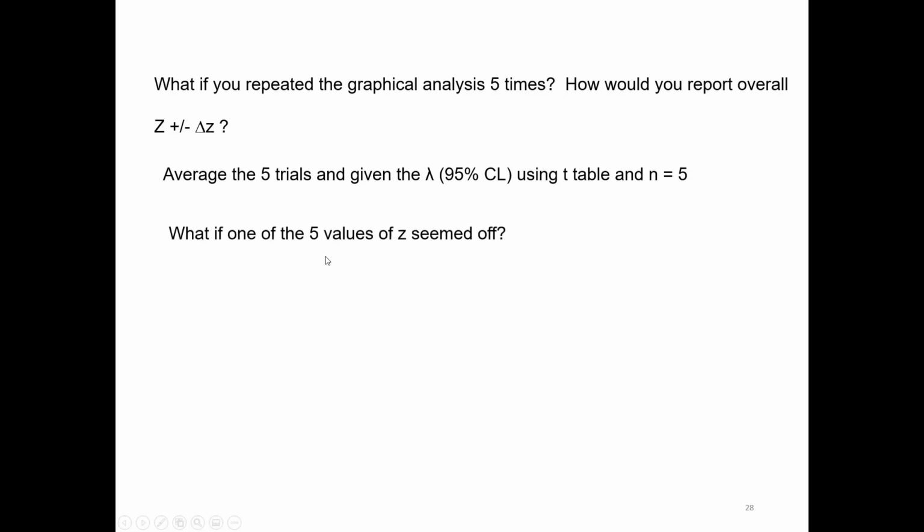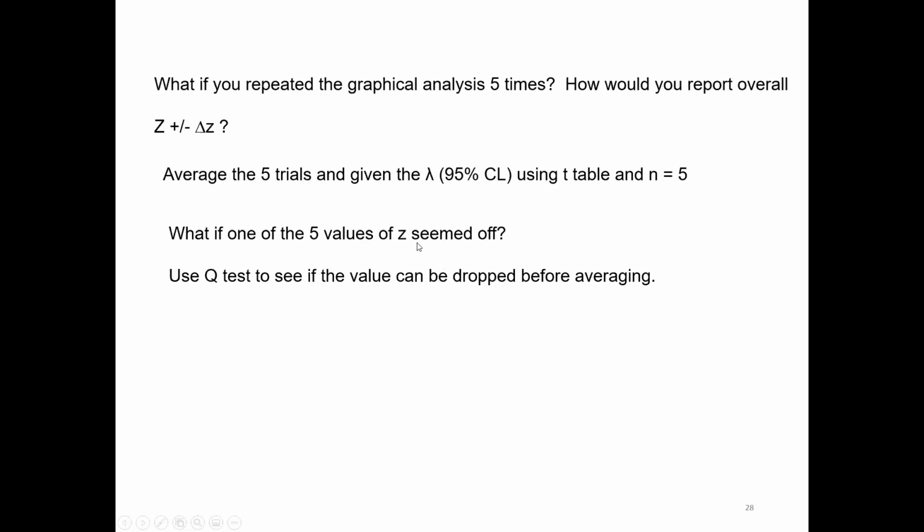So what if one of the 5 values of z seems off? So one of the values is probably too high. What would you do in that case? So just do a Q-test and see if the value can be dropped before averaging. So that's before you report the final delta z.